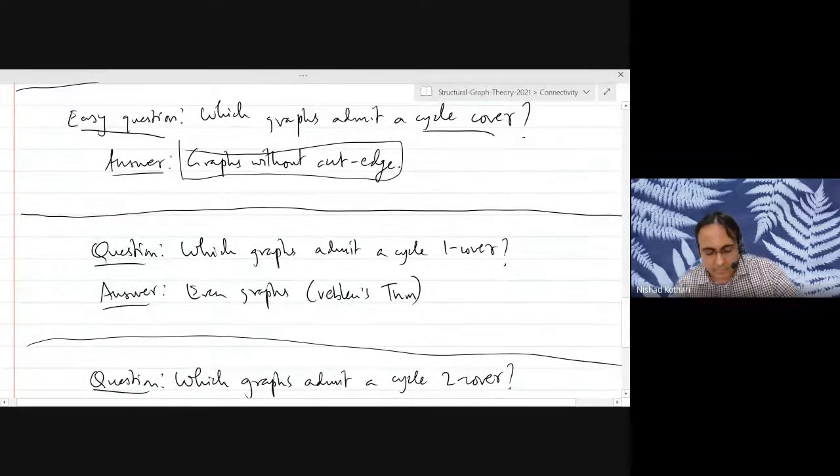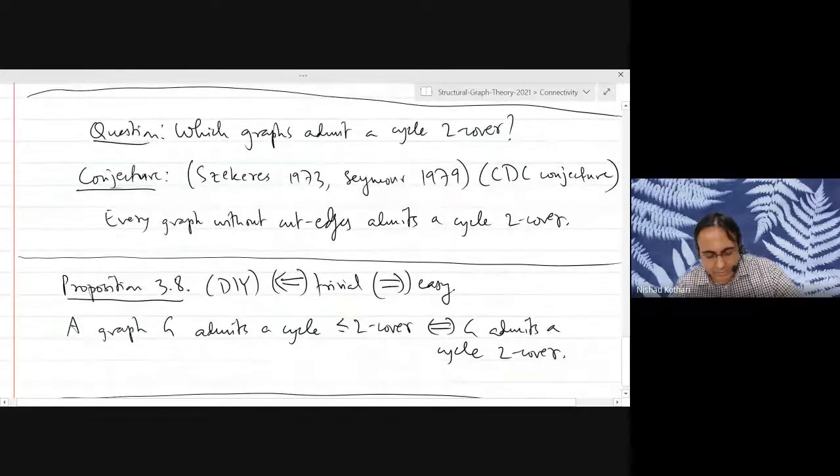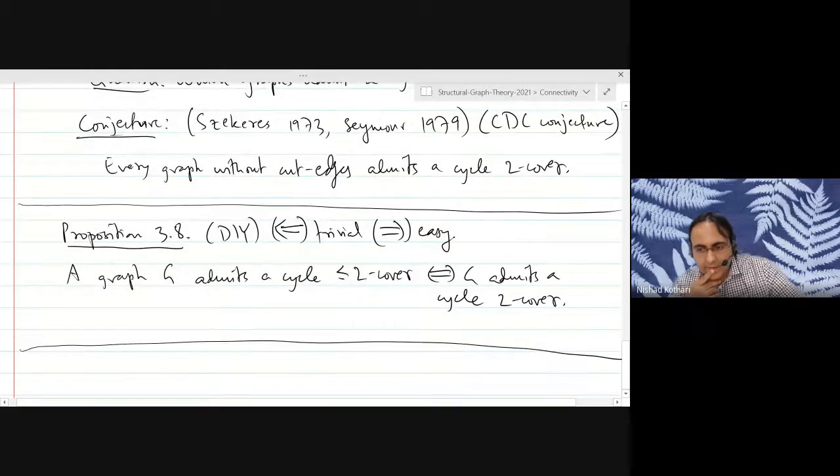Right, so my purpose of telling you about this conjecture is to tell you that graph theory has a lot of problems which are easy to explain, but as of today, we have no way to answer these questions. And the cycle double cover conjecture is perhaps the easiest to describe conjecture that is so difficult to prove. A lot of people have tried proving it and nobody has succeeded.